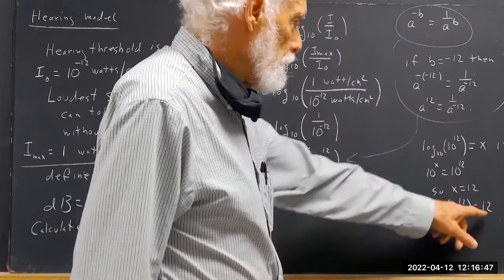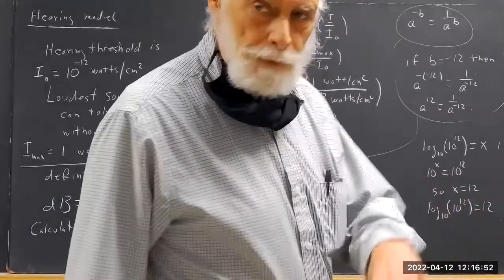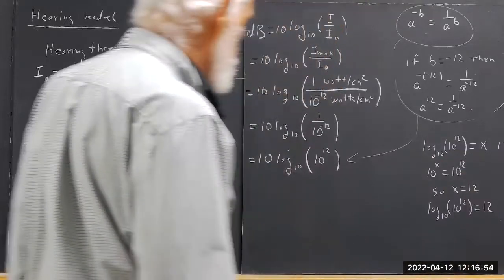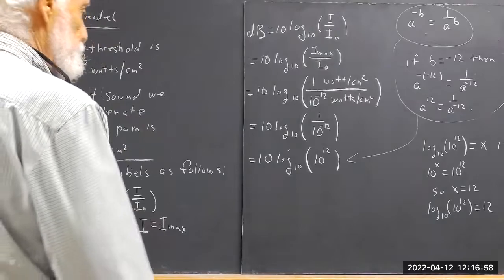But log base 10 of 10 to the 12th equals 12, which we can understand immediately from the inverse function relationship as well. You're going to see this in your materials.